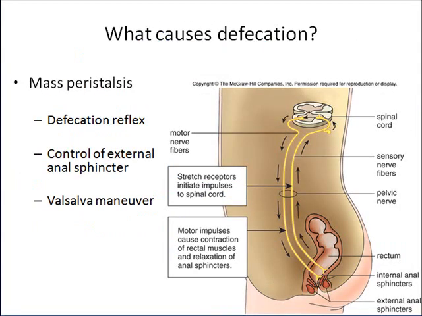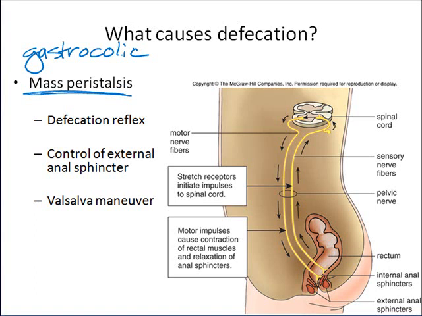So let's talk very quickly about the process by which feces are voided from the body. This is the process of defecation. What happens in defecation is that first we have that mass peristalsis that's usually a result of that gastrocolic reflex. In other words, food entering into the stomach is causing this mass peristalsis movement in the large intestine, propelling those food residues, that feces, forward to the rectum.